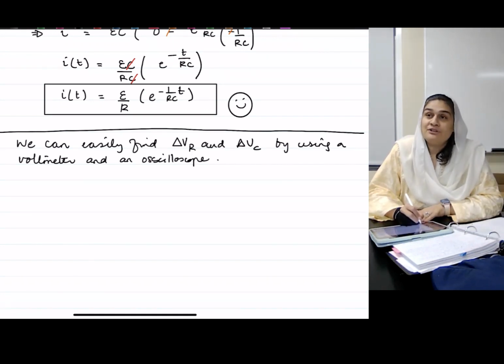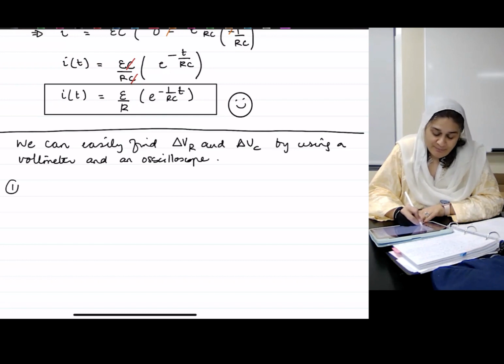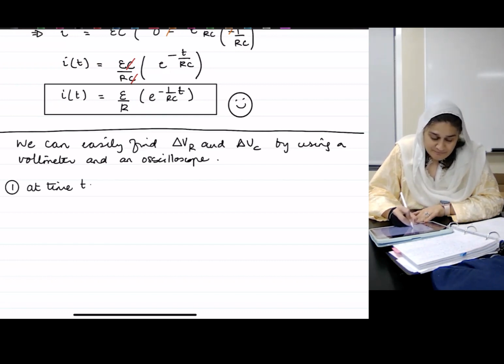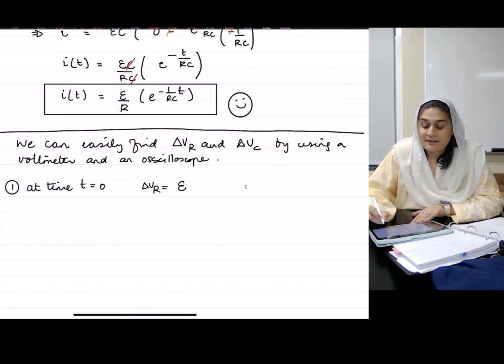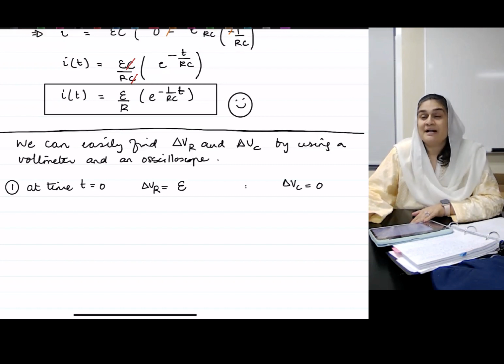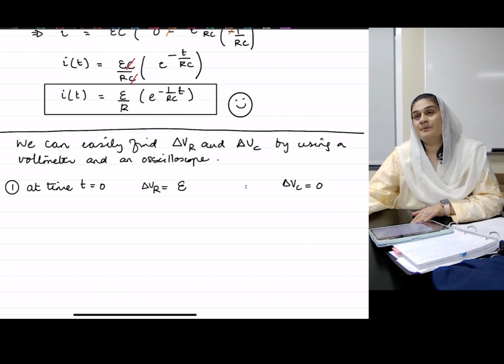But for now, just trust me that this is true. Number one, at time t equals 0, delta VR equals E and delta VC equals 0. So the potential drop across the resistor is maximum and the potential drop across the capacitor is 0.